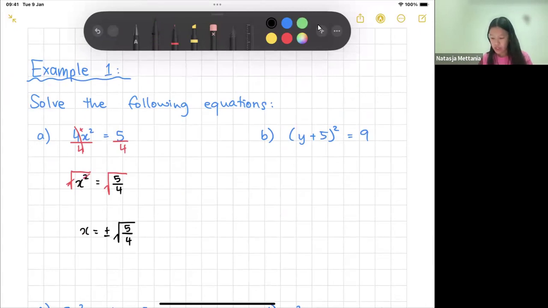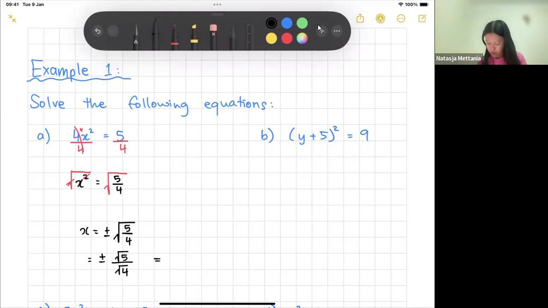I'm not quite done yet, okay? Now I can see this 4 here is a perfect square. So if I square root a perfect square, it gives me a nice whole number. I'm just going to break down this square root. So now my fraction looks like this, square root 5 over square root 4.